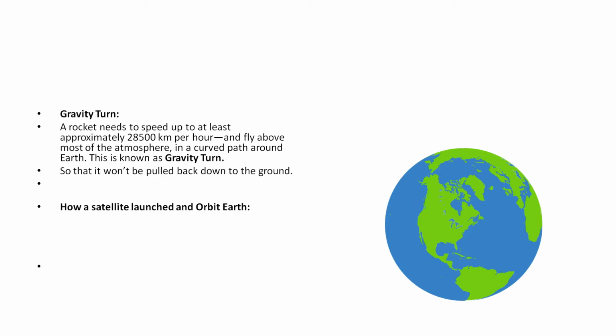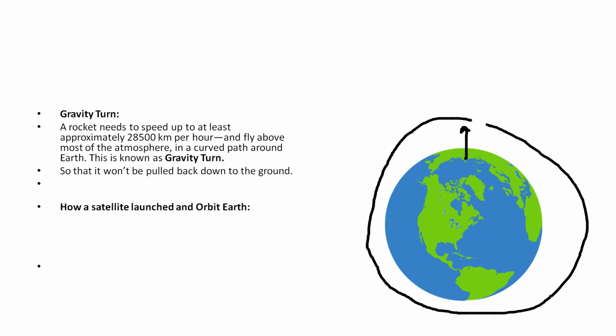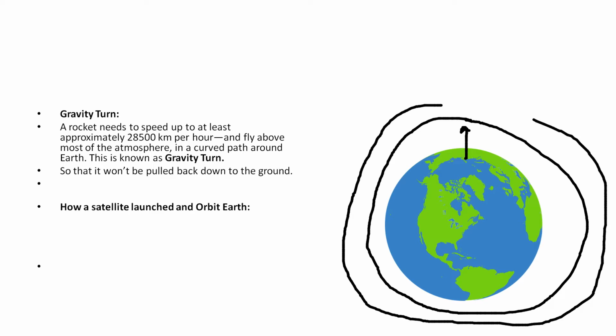Let us try to understand the role of gravity and gravity turn. This is Earth, and from here the rocket is launched, and outside the Earth there is atmosphere, with atmospheric layers.